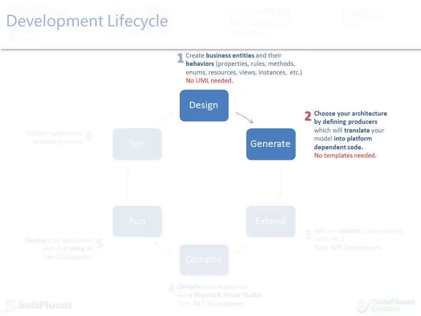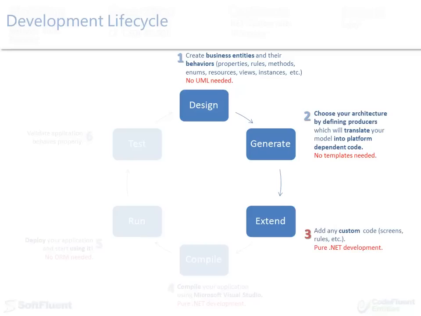Each producer translates platform-independent concepts into their equivalent for their target platform. Moreover, each generated layer knows how to interact with the other ones. For instance, the object model consumes the database, WCF services consume the model, and so on. At this stage, once you've done all that and you've generated the code, you'll have 100% functional code which you can compile and use right away.